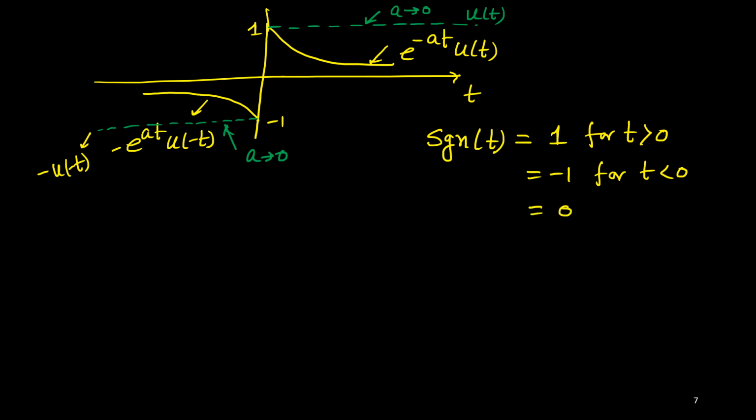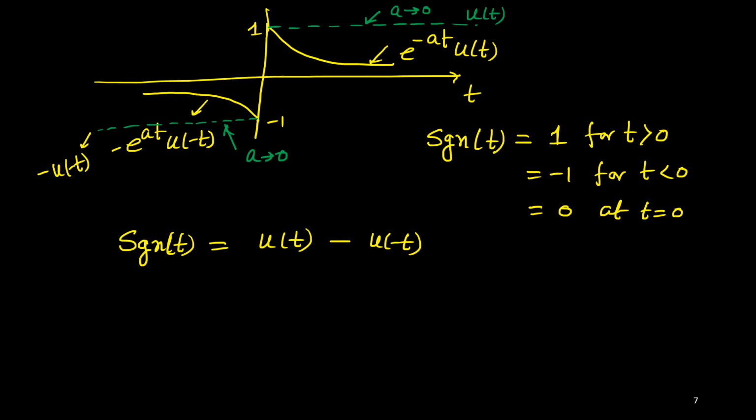Suppose I take it as 0 at t equal to 0. So the signum function can be written as u of t on the right side and u of minus t on the left side, with a negative sign, a subtraction of these two.